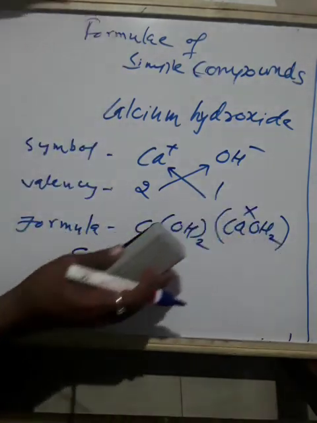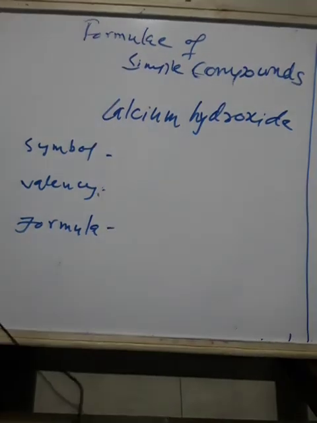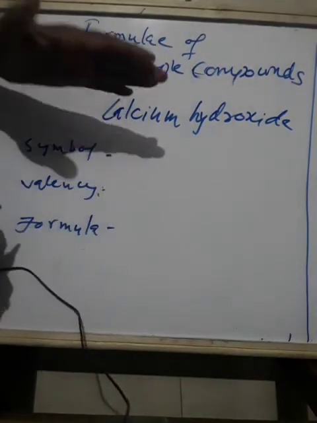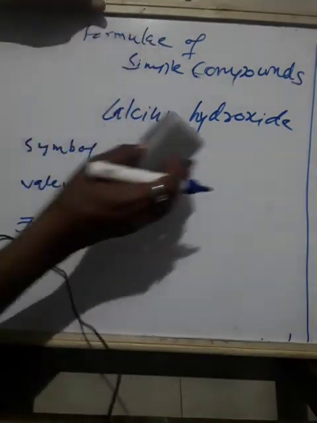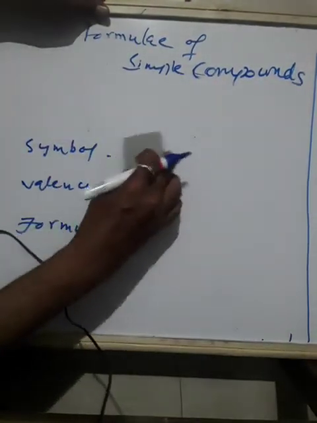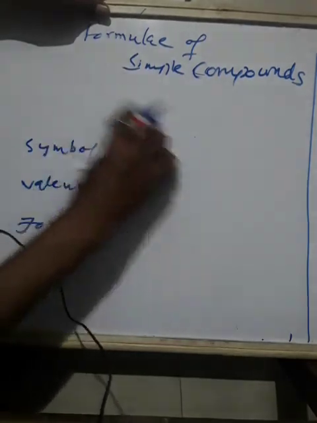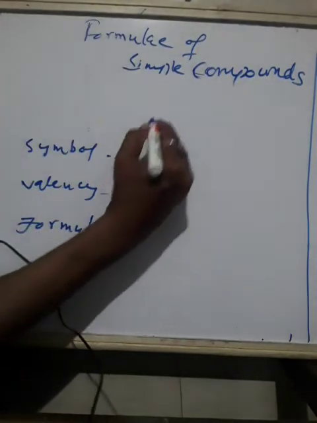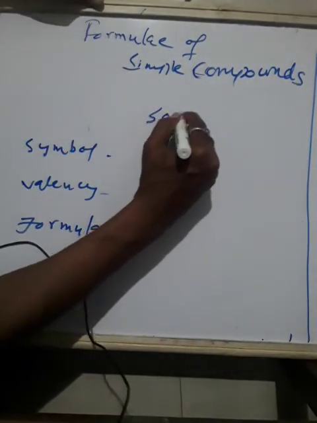So this is about one thing. Then again, we will try to write one or two formulas for different compounds. Okay. Sodium carbonate. This is generally called washing soda, no?